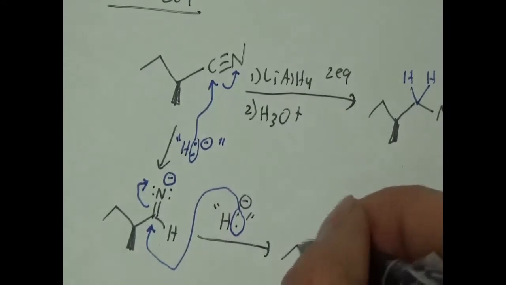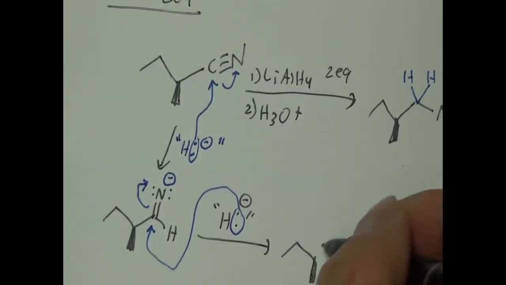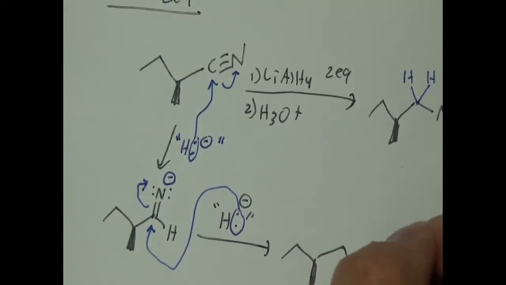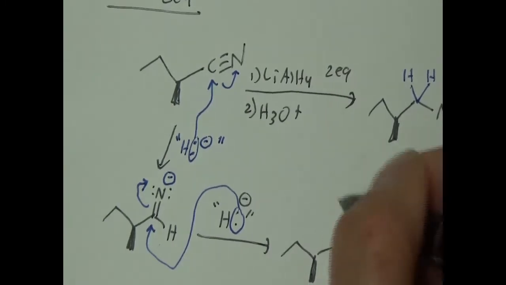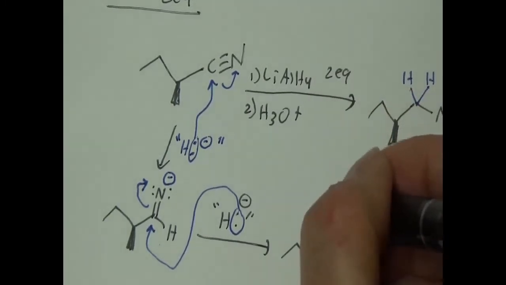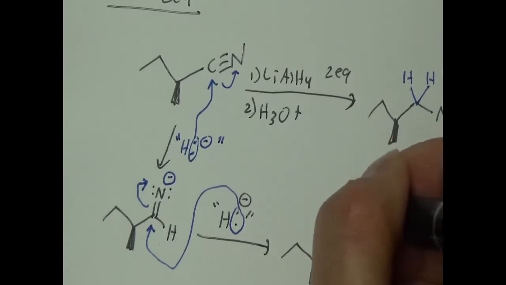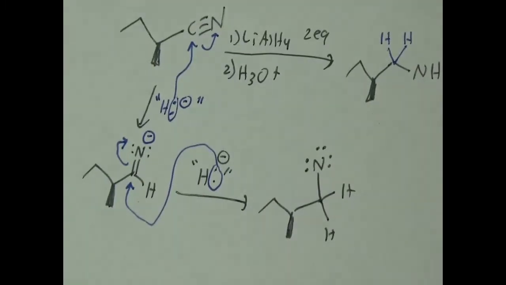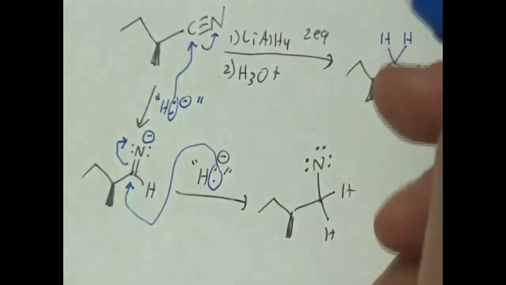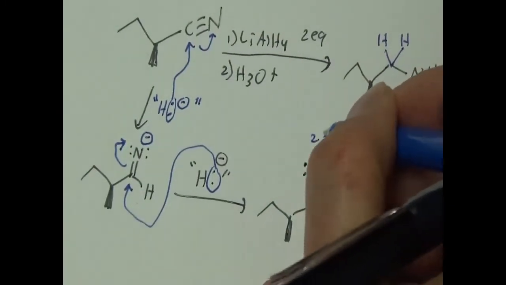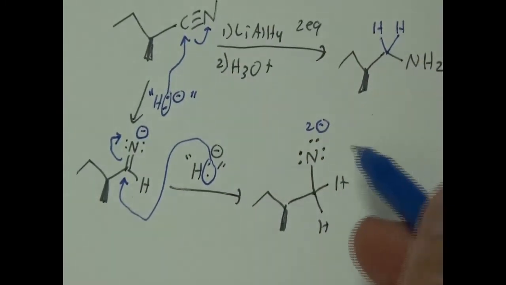And then what do we get? This kind of crazy looking thing. The structure of it is kind of weird. Not only do you have 2 lone pairs, you have 3 lone pairs on nitrogen. What's the charge on nitrogen now? It's 2 minus.